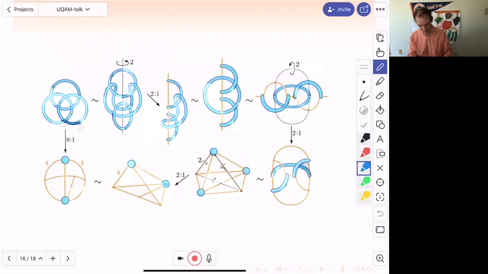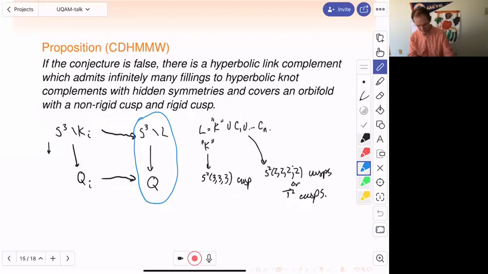And so I also wanted to mention what this kind of cover might look like, and give some examples of link complements that cover something with one of these interesting cusps, and then some S222 or torus cusps.